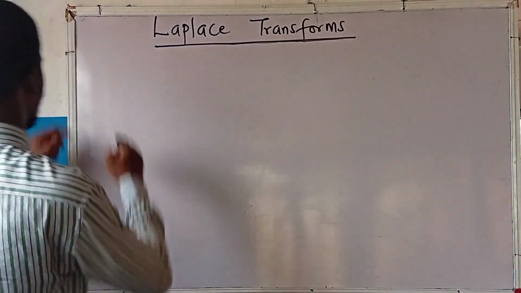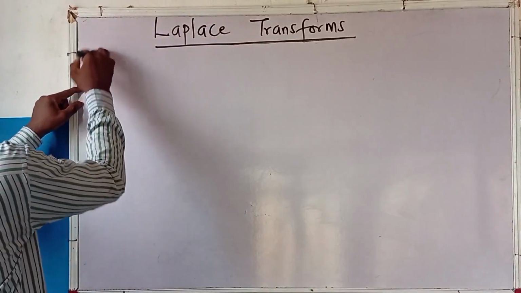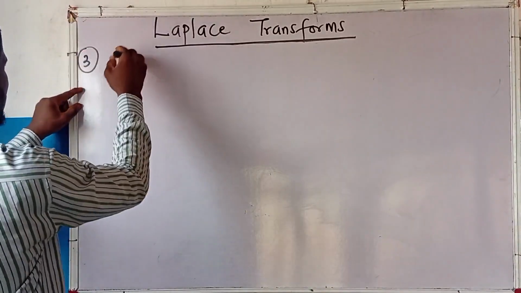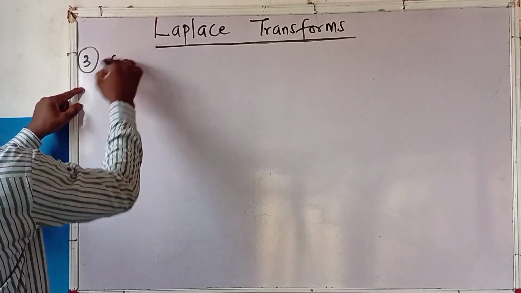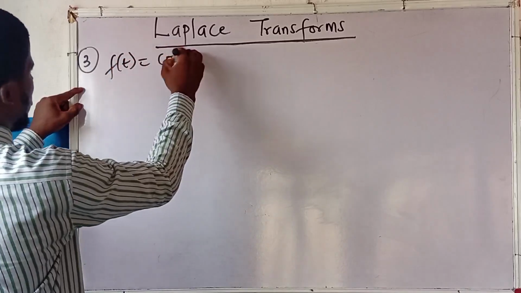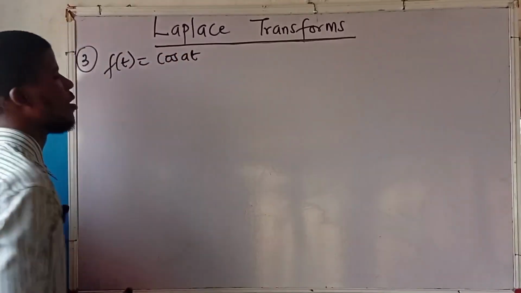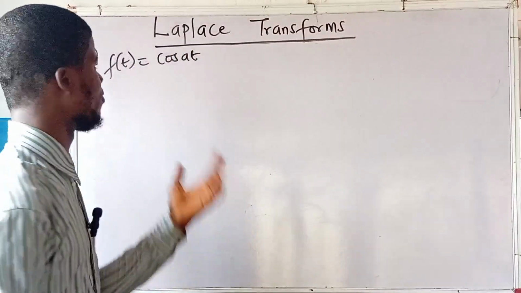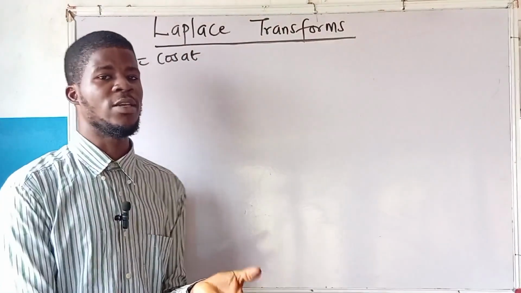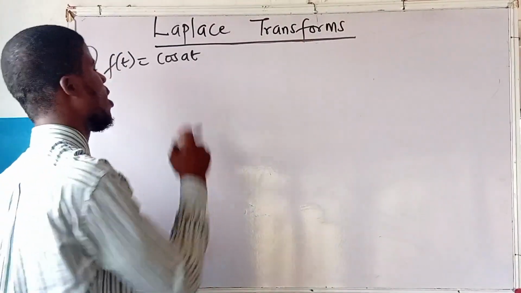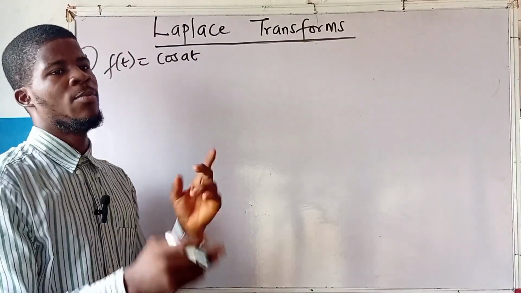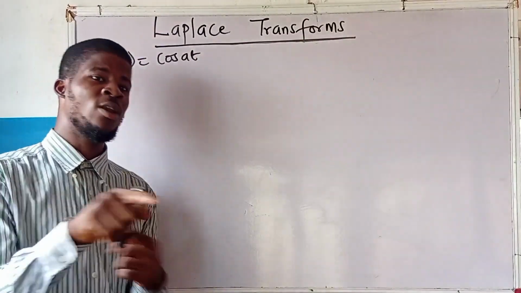Let's handle the next one. I think it should be number 3 now. What is the Laplace transform when f of t is the cosine of at? We have Laplace transform for cos at and sine at. I'll do just one of them, and the same principle applies, but with a different Euler formula.